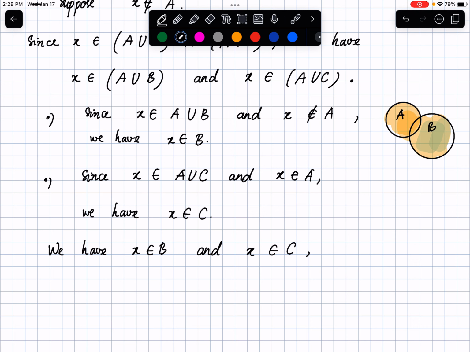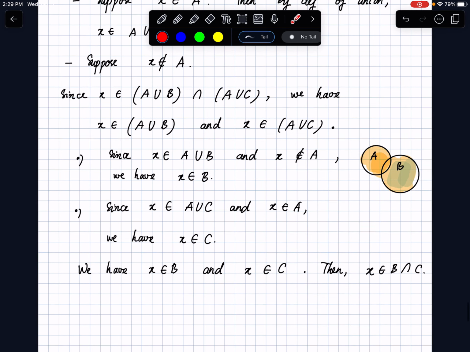Therefore, then X must be in the intersection of B and C, right? By definition of the intersection. Okay, what happened now?